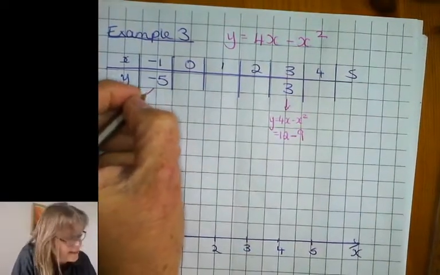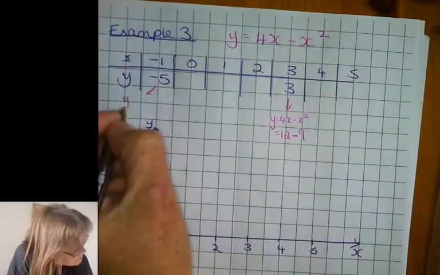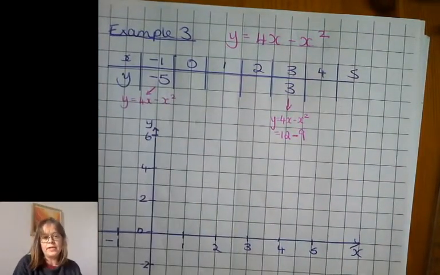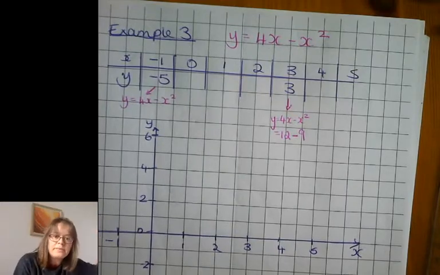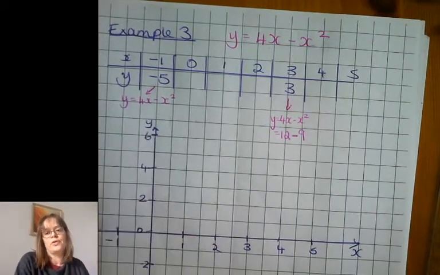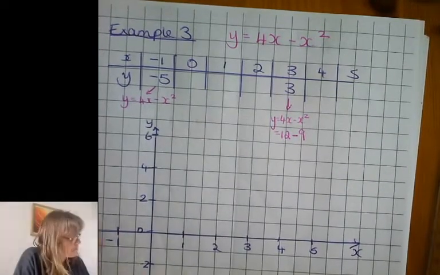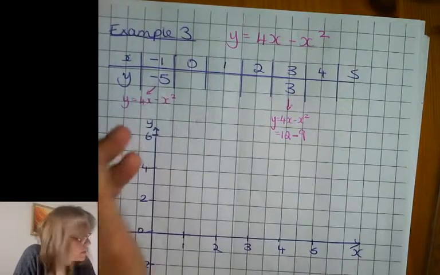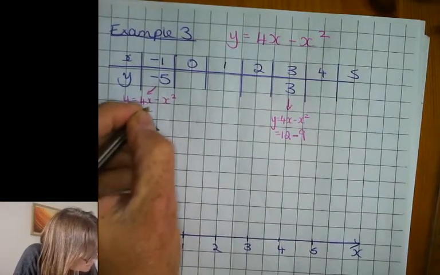Let's check I understand out here. So the negatives are the ones that will go wrong. If you don't get that nice smooth curve like I did, and it goes all higgledy-piggledy with a jagged bit, that will almost certainly be one of your negative numbers has gone wrong. So just check that. So my x number is -1. 4 lots of -1 I think is -4.